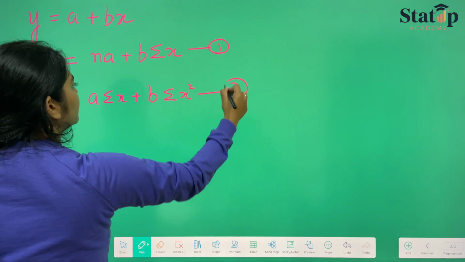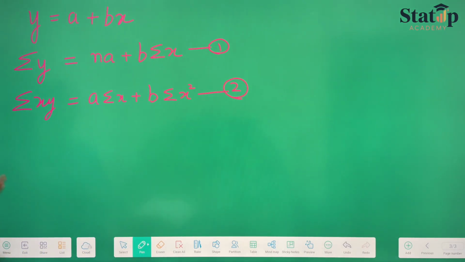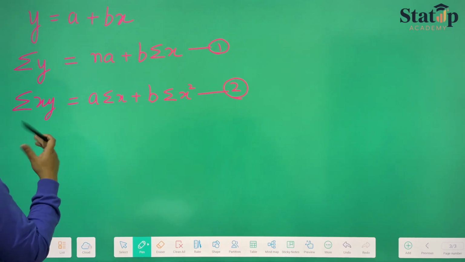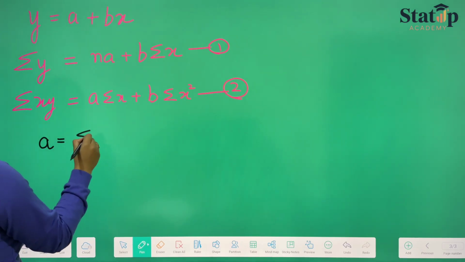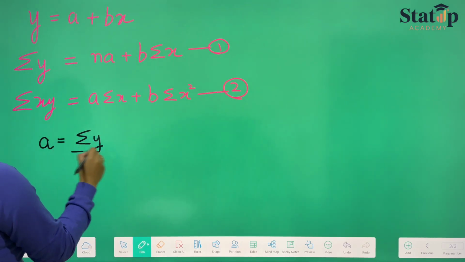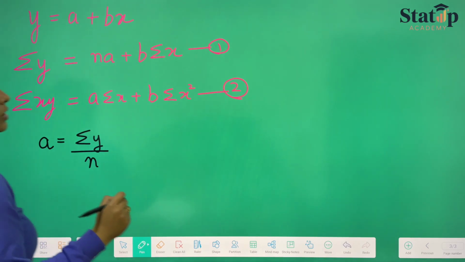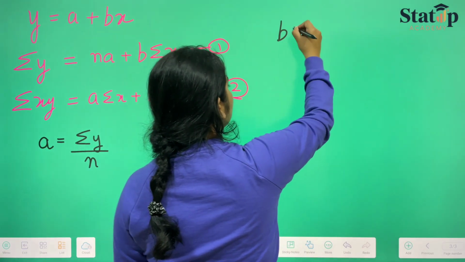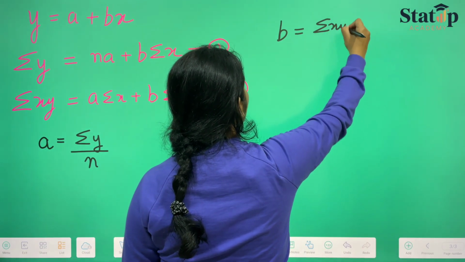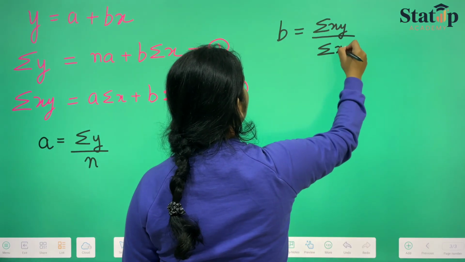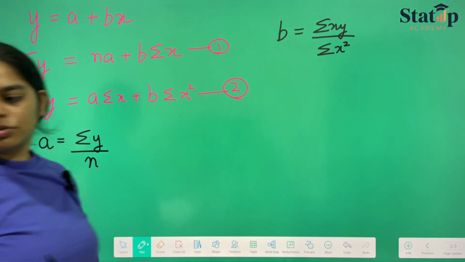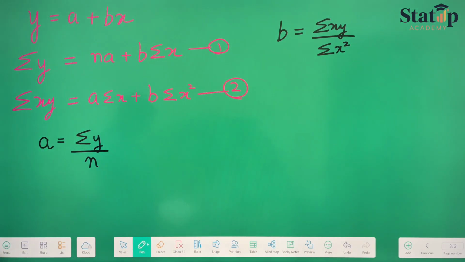On solving these two equations, the value of a would be summation y upon n, and the value of b would be summation xy upon summation x square.